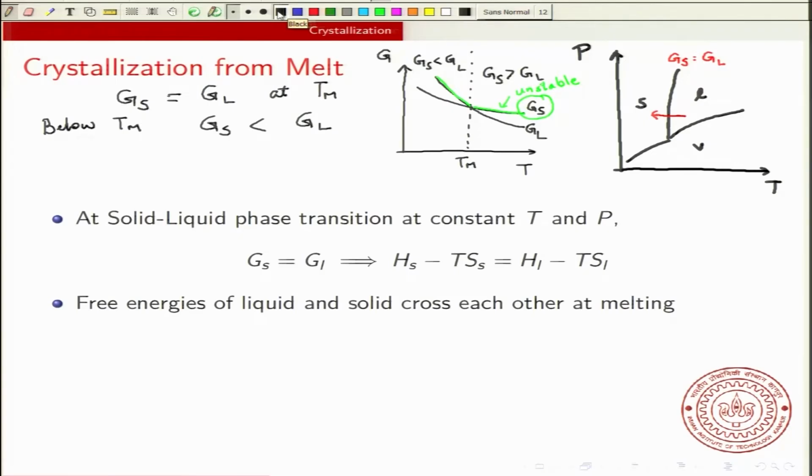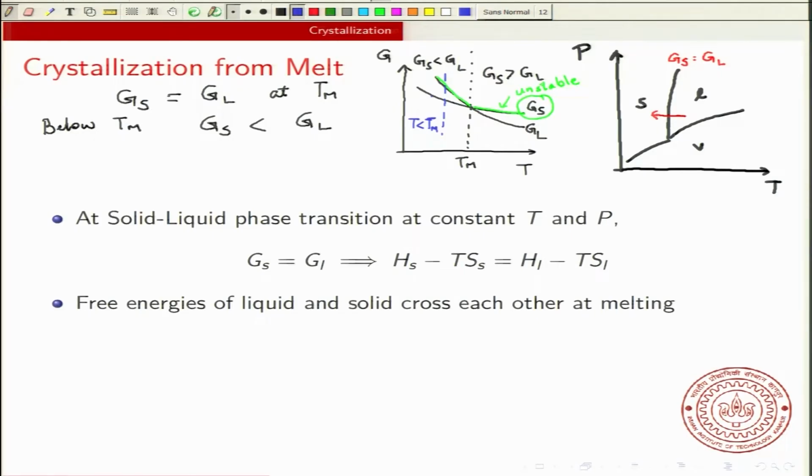And so you can imagine that you are at some temperature below the melting point. Let's say you are at this temperature, so you are at some T less than T melting. At this T less than T melting, as you go lower and lower, the difference in the free energies of the liquid and solid increases.